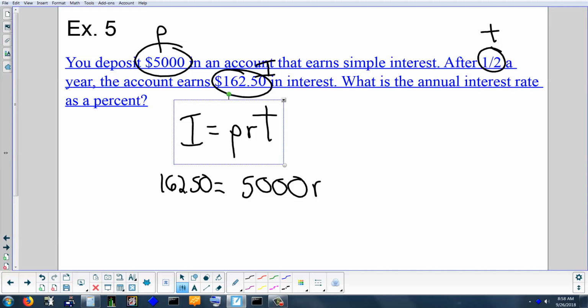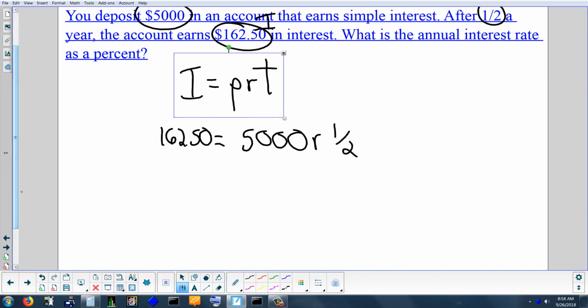Can I write half for T? Is that okay? Yes. Okay. I didn't know if I could write that. All right. Cool. So I'm going to use some parentheses over here just to make it look a little bit nicer, so it's not all crunched together.